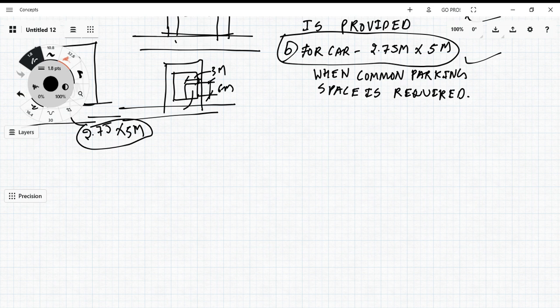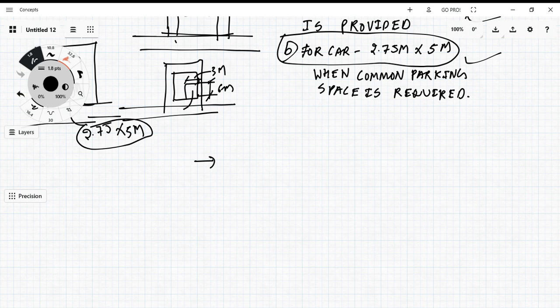For two wheeler parking space, the National Building Code 2016 didn't mention the sizes, but they have given the area.